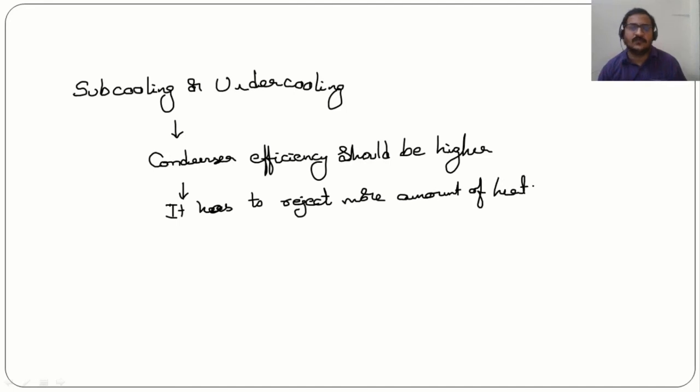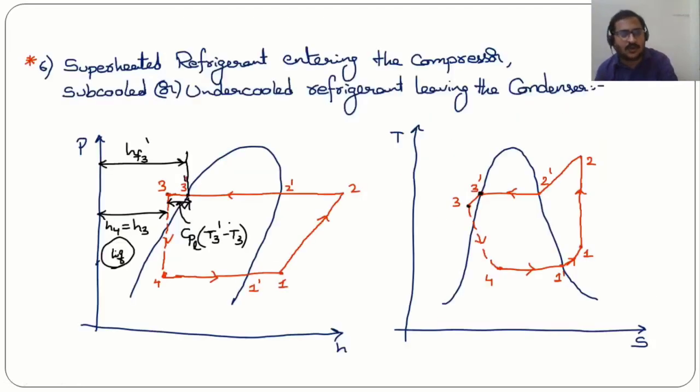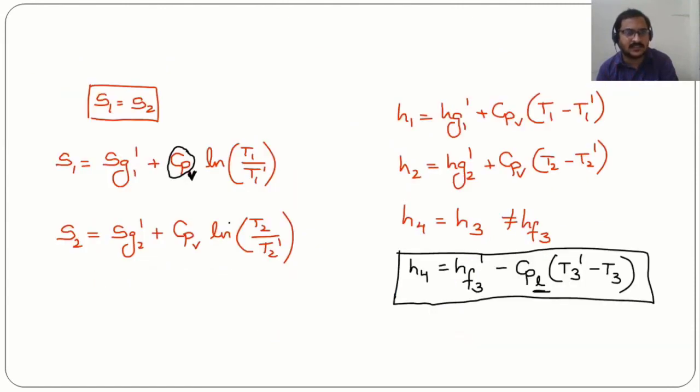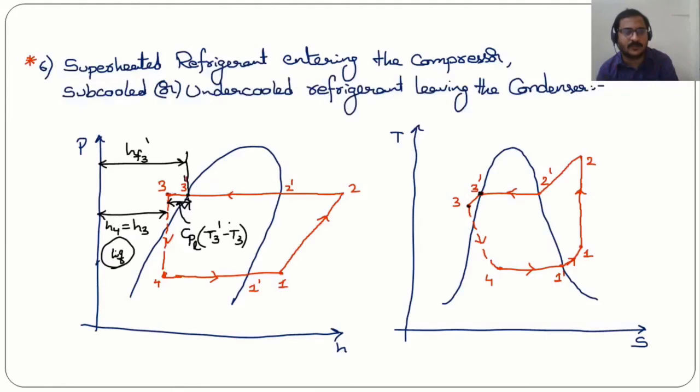Then only we will be able to achieve this subcooled condition or undercooled condition. So after achieving this subcooled or undercooled condition, then only we will be able to get more COP because the refrigerating effect is increasing. So try to understand this clearly, dear students. So this is the most important thing that you need to remember.